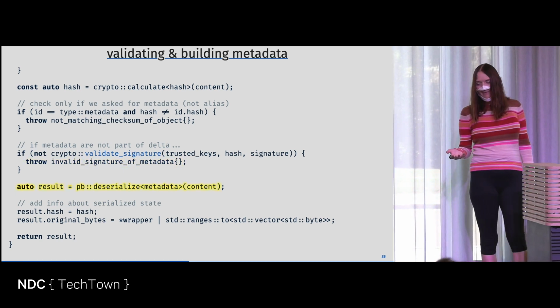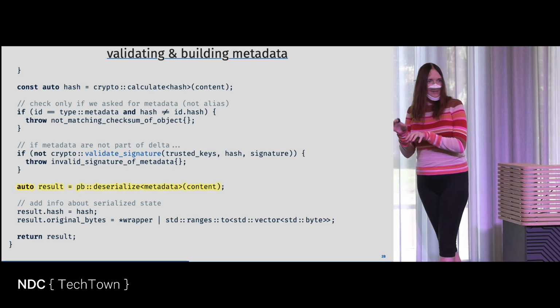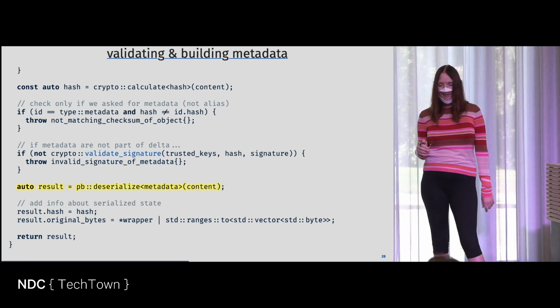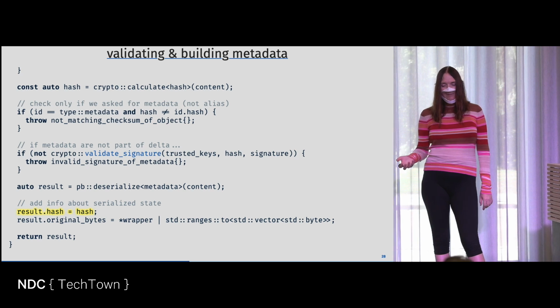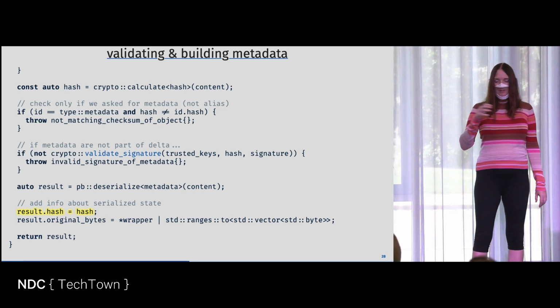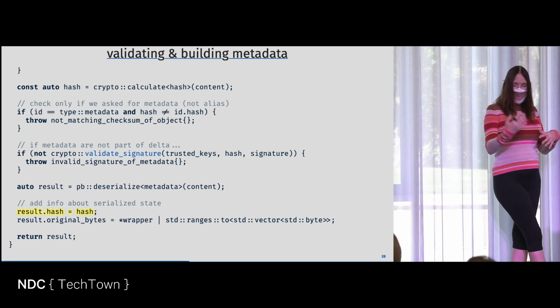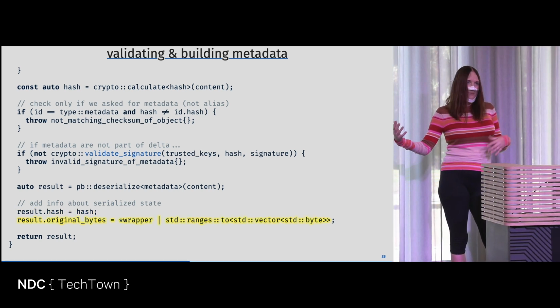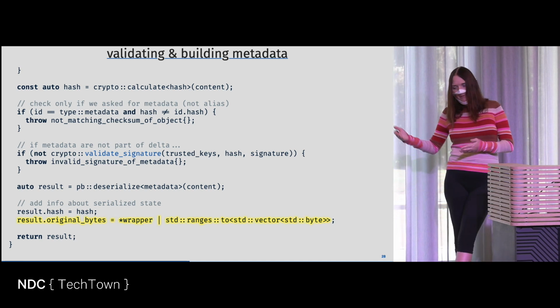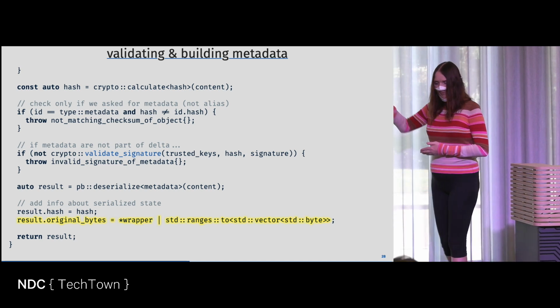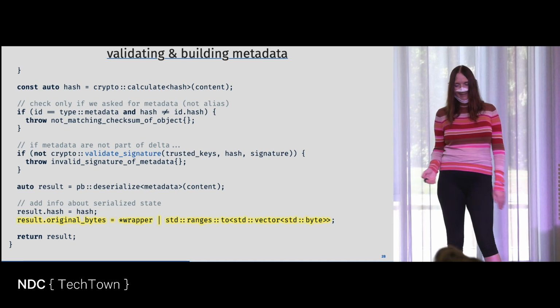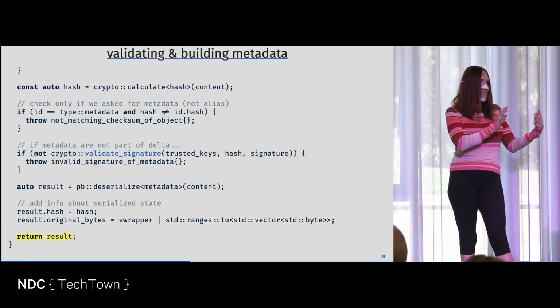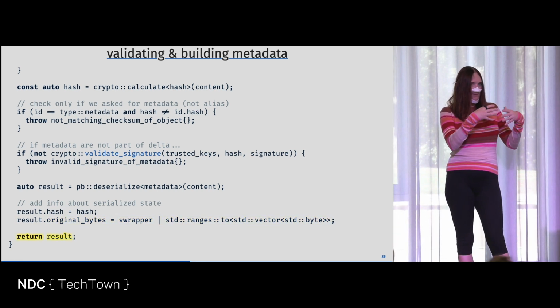Then I deserialize the content of metadata itself because it's protobuf in protobuf. Into result, I store the hash I calculated, and I copy the bytes of the wrapper because I have only a view with strategies. You can do that into a vector of bytes and return the whole object as the result.